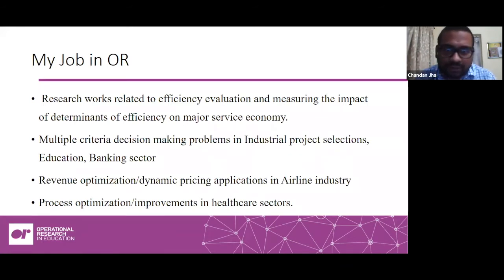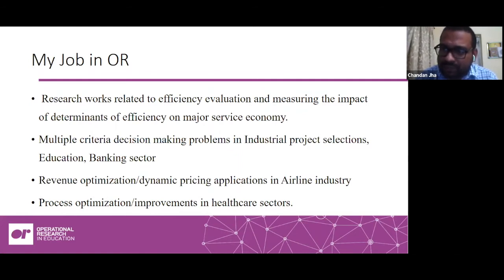Fine. Apart from this, in project selection, I also did a lot of research on how to select industrial projects. There are different criteria, like financial criteria and non-financial criteria. So we can see tangible versus intangible factors. Financial criteria like NPV, PVR, IRR, and all those things we can calculate.